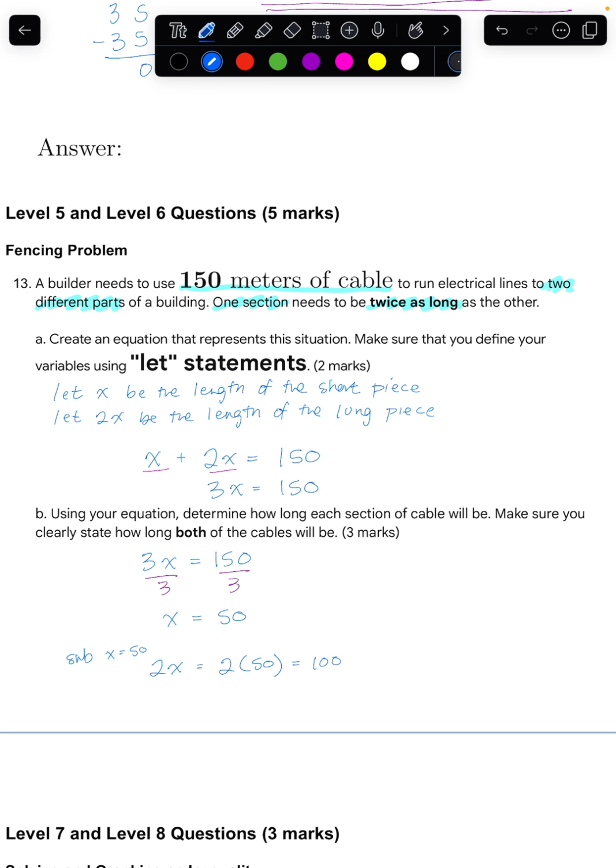And we can say the short piece of cable is 50 meters long. The long piece is 100 meters long. Final answer.